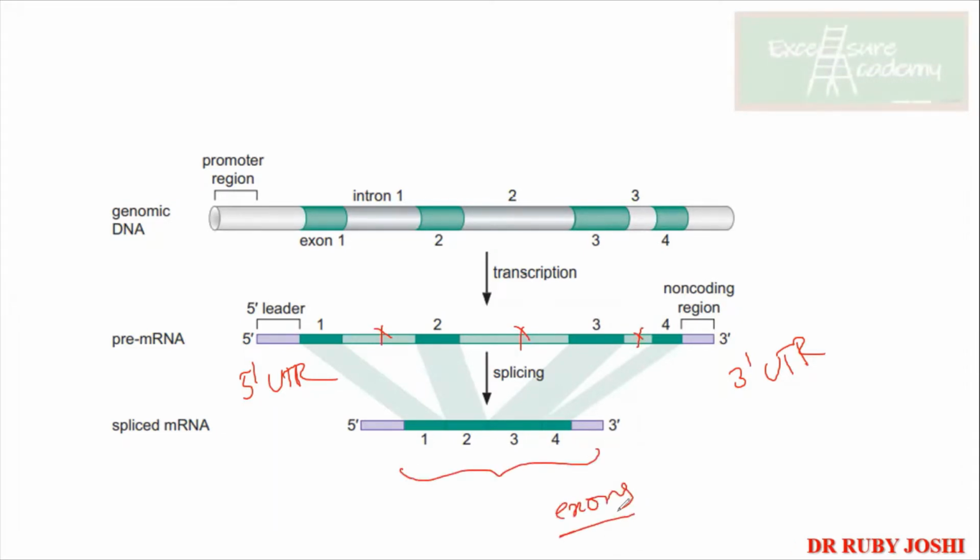Now this is your ready transcript, or the spliced mRNA, but it is retaining the 5' and the 3' UTR. This is important because it carries the sequences required by the ribosome so that they can interact. So these 5' and 3' UTR regions are required.